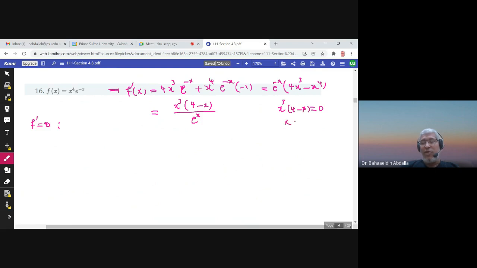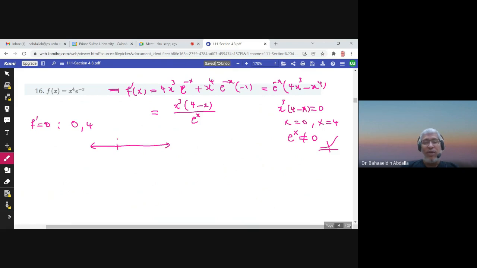So either x cubed is 0, which means x is 0, or 4 minus x is 0, which means x is 4. So f prime would be 0 when x is 0 and 4. f prime does not exist if the denominator is 0, but the denominator cannot be 0. e to the power x cannot be 0 because the graph of e is always above the x-axis. So we have two critical numbers for this function, 0 and 4.